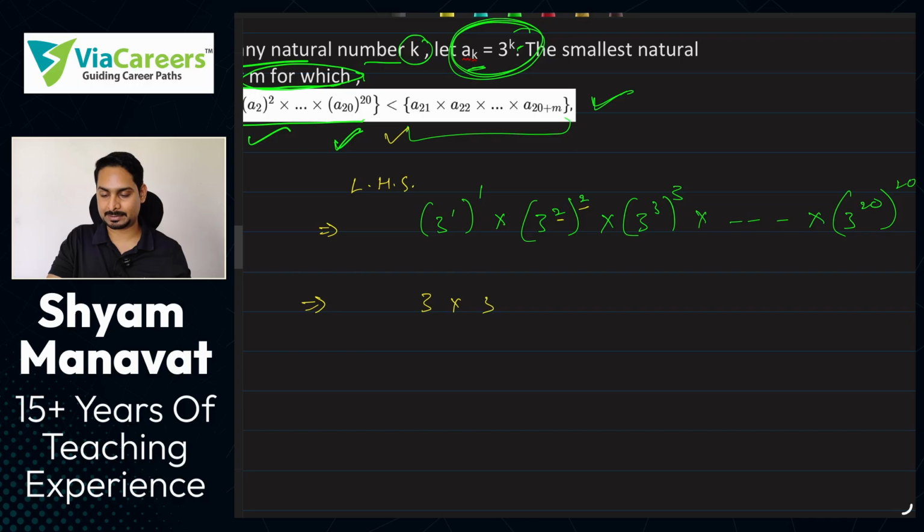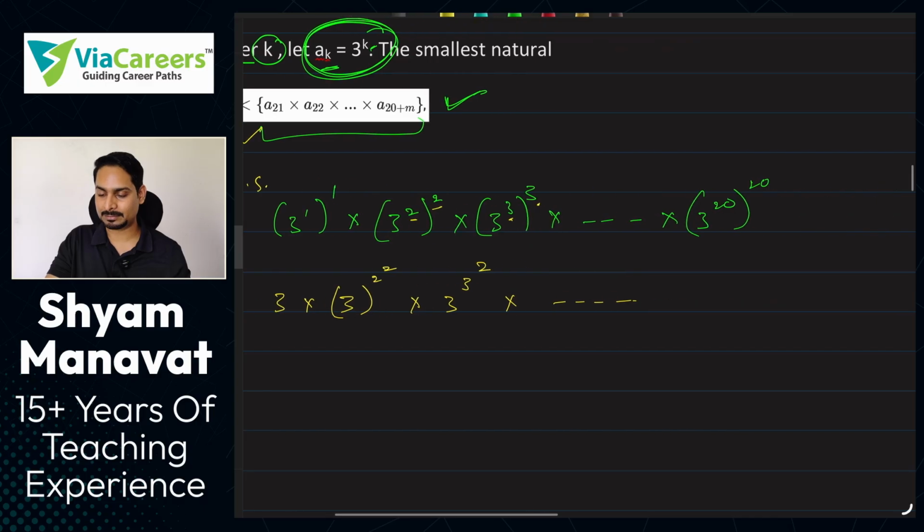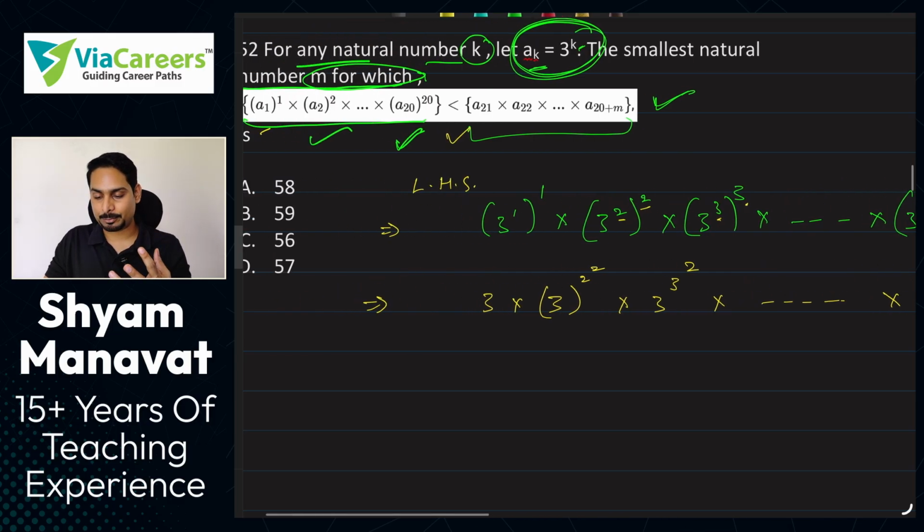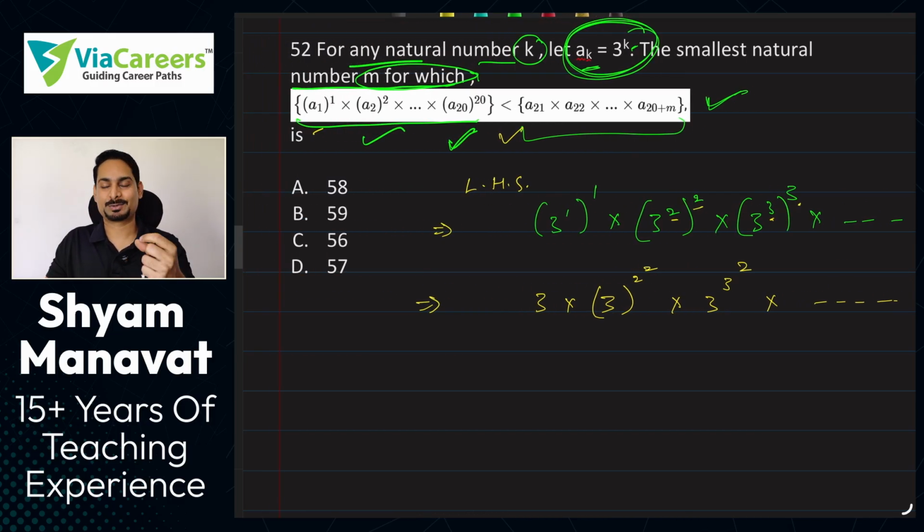Can I say that is 3 and this is 2 square? Chalega? Yeah. Then this is 3 and 3 is 3 into 3. Can I say this is 3 square? Chalega? Okay. Similarly, if you see the last one, this is 3 to the power 20 and 20 into 20. Can I write this as 20 square? Chalega? There is a reason why I am doing it, and the reason you will understand in next 2 steps.